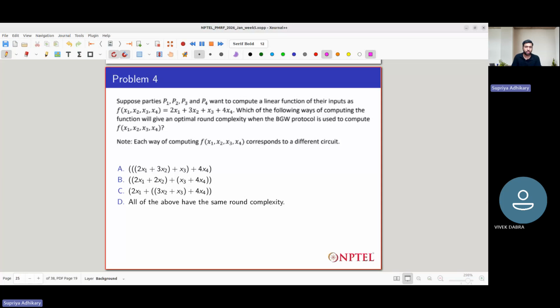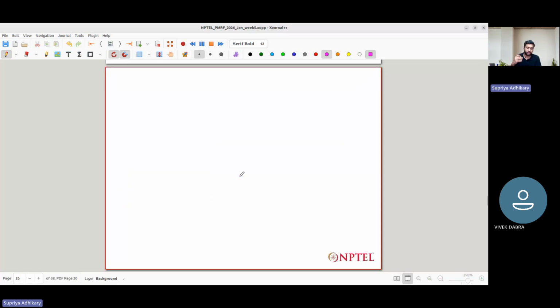So when we are talking about round complexity, it doesn't care if individual parties are doing computations. So if there are 3 parties and they have some shares, let's say x1, x2, x3, y1, y2, y3, and they are doing their computation on their own system, whatever this function might be, so let's say f of x1, y1.